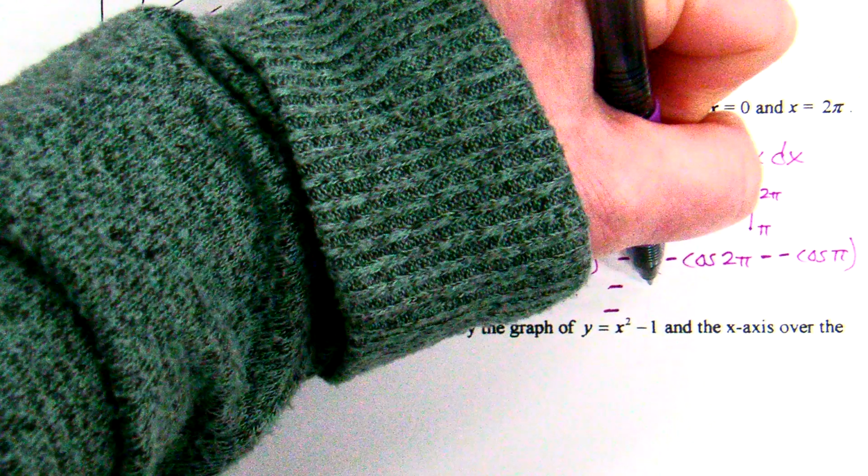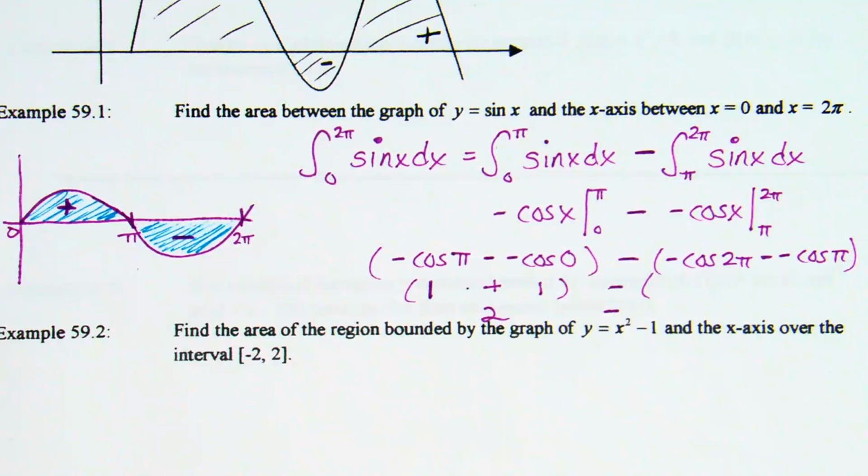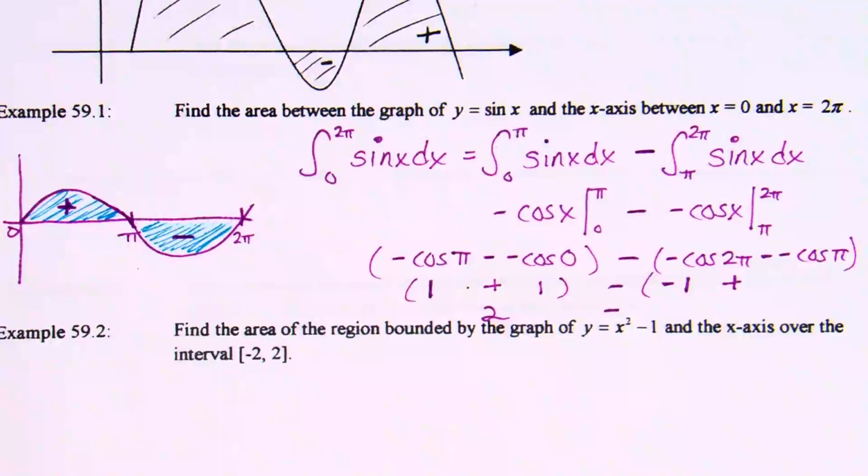Minus the second part. Negative cosine of 2 pi. So cosine of 2 pi is 1. So that's negative 1 then, since there's a negative in front. Minus negative, so I'm going to say plus cosine of pi. Negative 1.